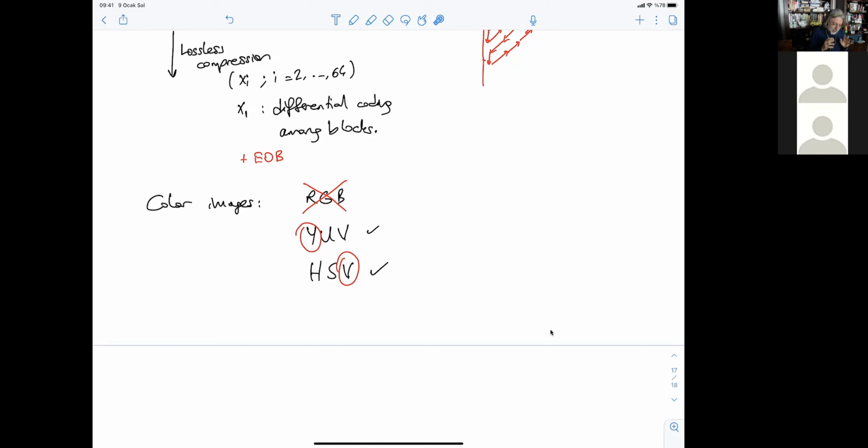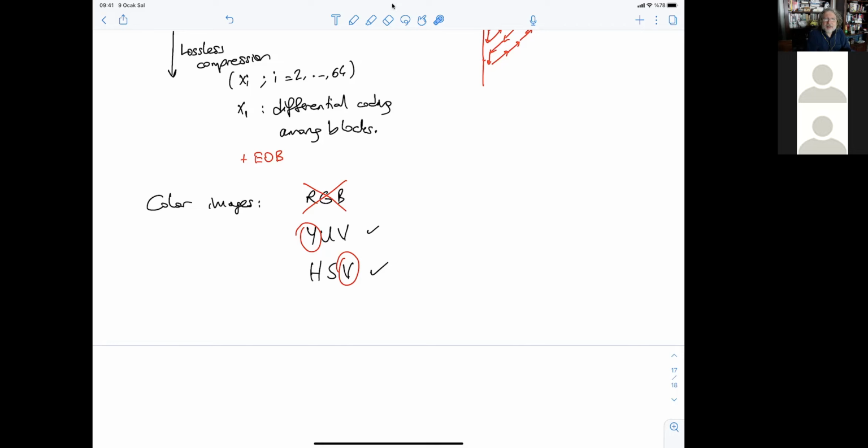So we apply JPEG to these three separate channels, which are uncorrelated with one another. We don't want correlation between the color channels. RGB, for example, are essentially correlated. You may want to check out the RGB versions of some color images.